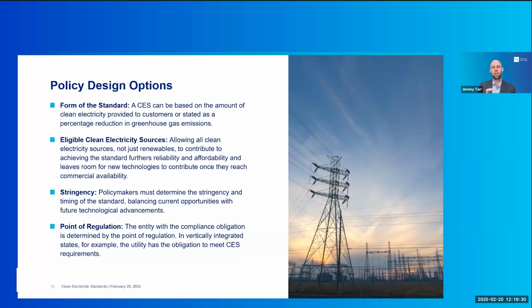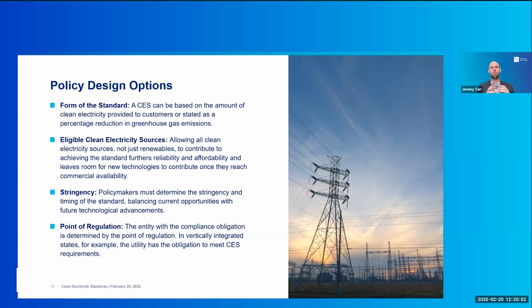Some interesting dynamics with this one are that, say you have a state with a 100% clean energy goal by the legislature or an executive order. That's typically in terms of total emissions. And so if you have an emission-based CES, which is requiring an increasing reduction of emissions over time, that's sort of apples to apples to the greenhouse gas reduction goal or requirement that a state may already have.